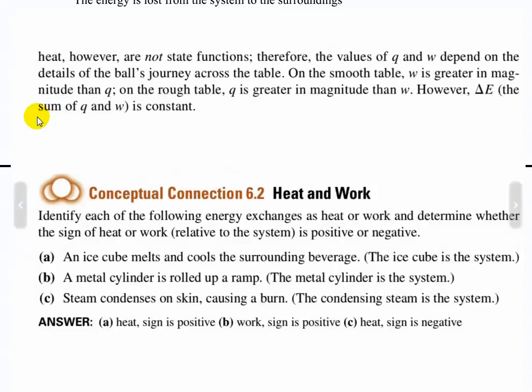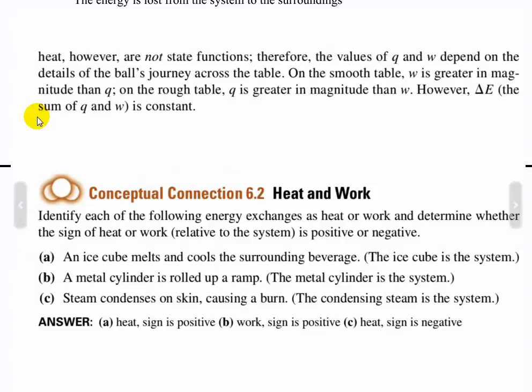An ice cube melts and cools the surrounding beverage. If the ice cube is the system, what's the surroundings? The beverage, right? So what's happening now? Is heat or work being done? Heat. Right? And is the heat change positive or negative? Why?